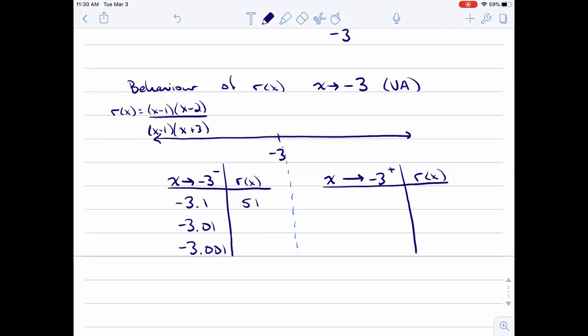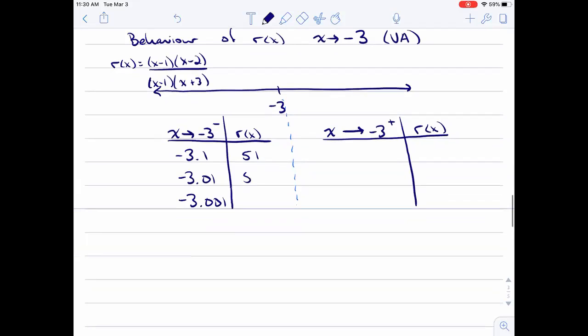If you know how to store stuff on your calculator, then you can just plug it in. Times negative 3.01 times 3.